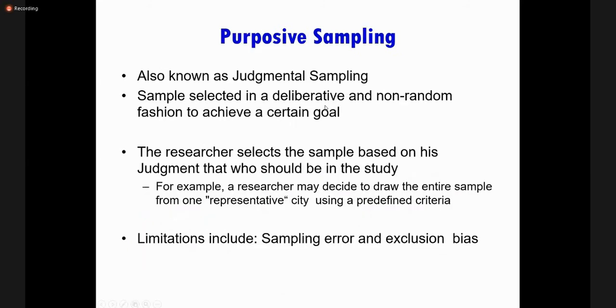Then comes purposive sampling, also known as judgmental sampling. The sample is selected in a deliberate, non-random fashion again, and the researcher selects the sample based on his judgment of who should be in the study. For example, a researcher may decide to draw the entire sample from one representative city using predefined criteria.